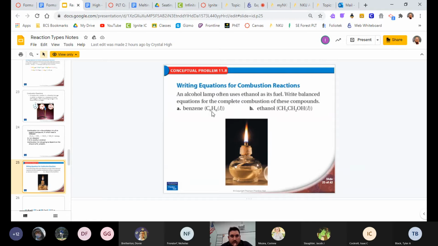It is a liquid fuel. Again, we're going to react the 6 carbon with oxygen, make carbon dioxide and water. Ethanol, same thing. When you burn ethanol, which is alcohol, you're going to make carbon dioxide and water.